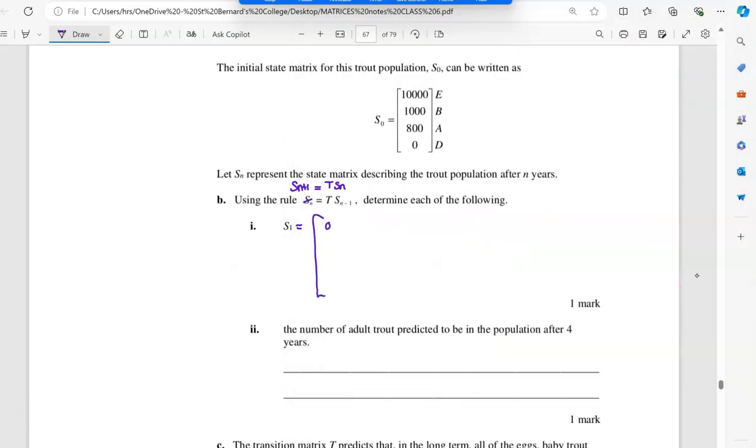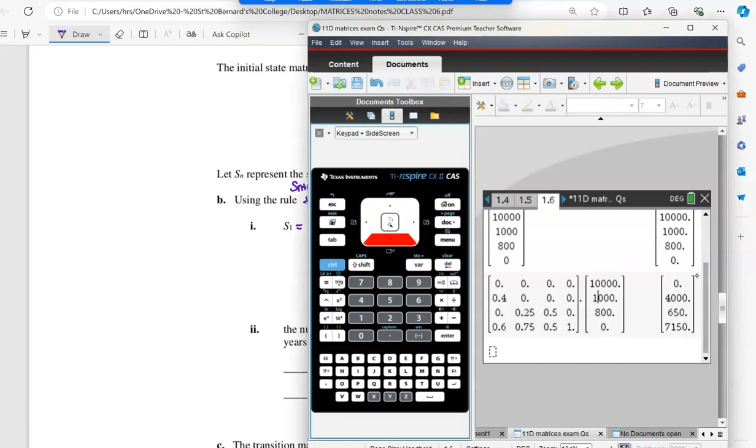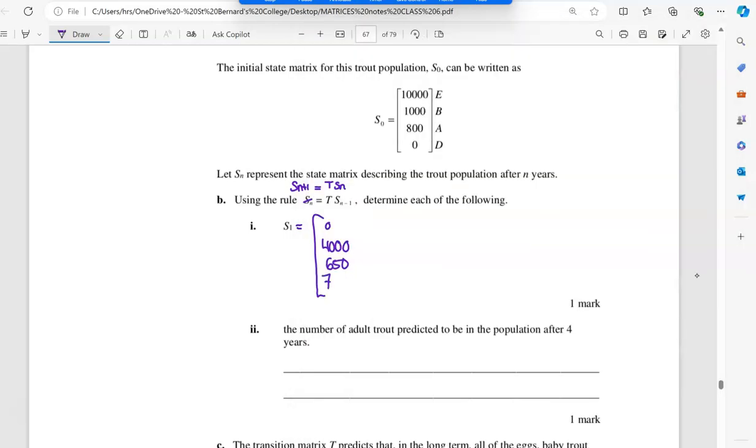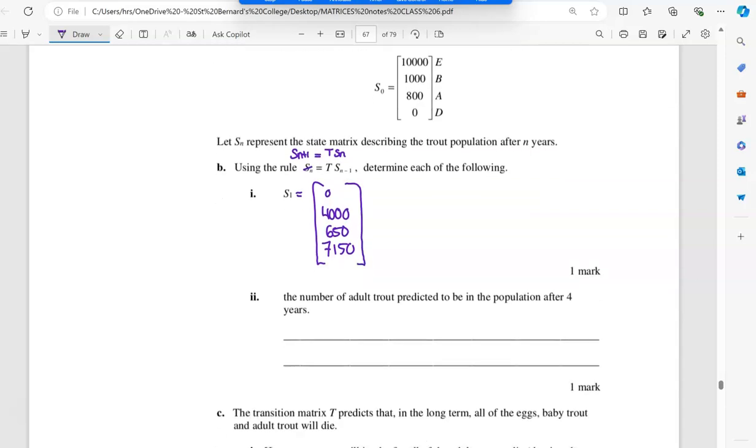So we got 0, 4,000, 650, and 7,150. So it just says determine S1, so we leave it in the matrix state. Then it says the number of adult trout predicted to be in the population after 4 years.